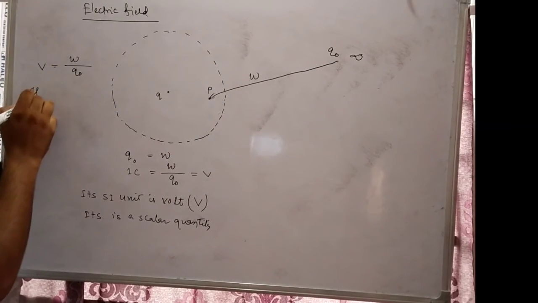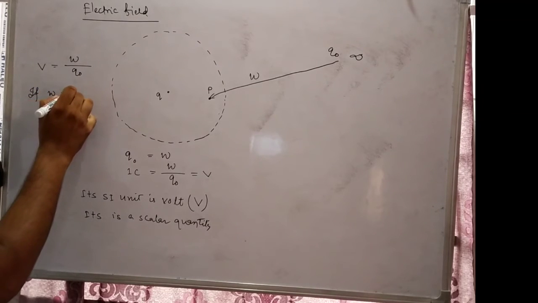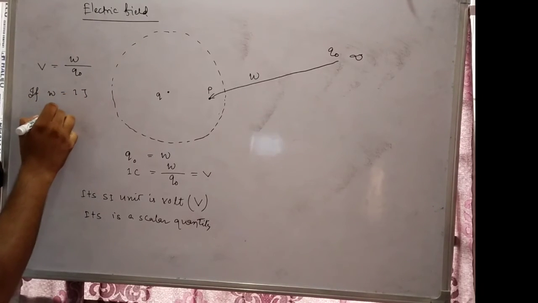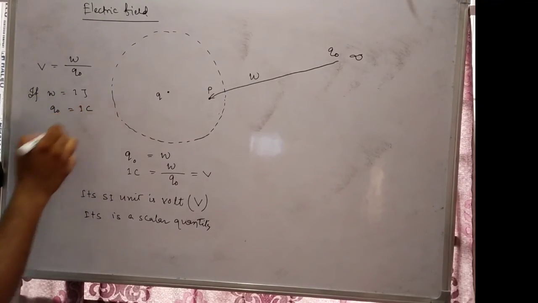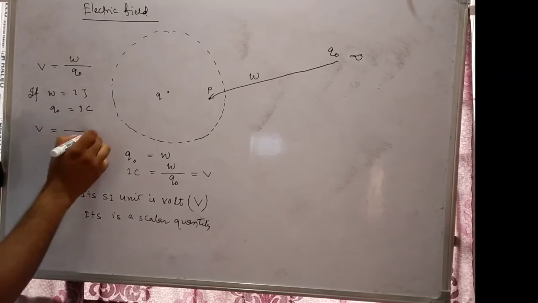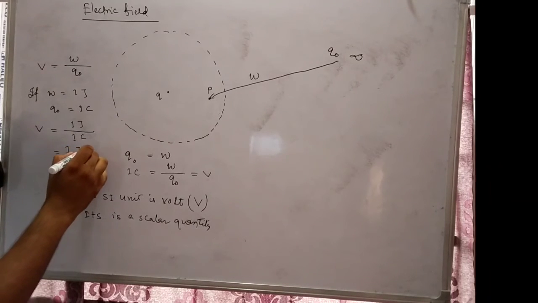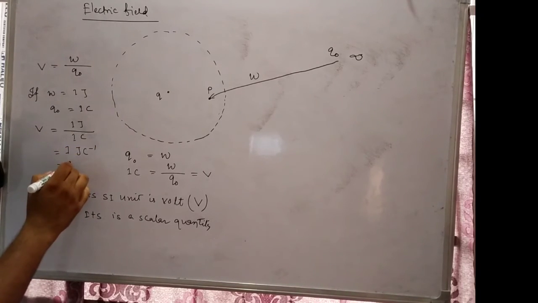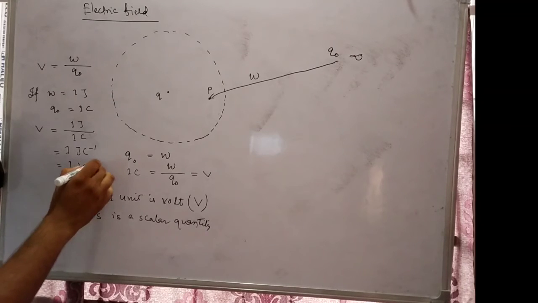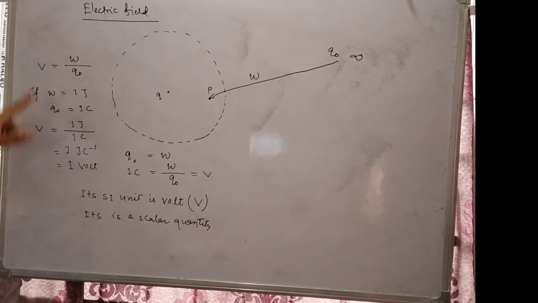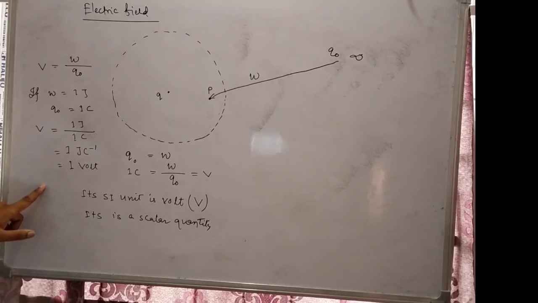Now if W equals 1 joule and Q naught equals 1 coulomb, then V will be equal to 1 joule by 1 coulomb, that is 1 joule per coulomb. This joule per coulomb is called volt. So from this mathematical expression we can now define 1 volt.